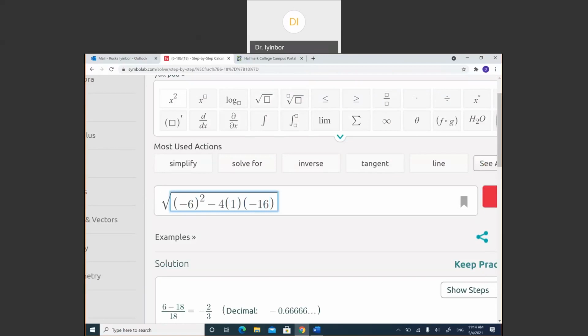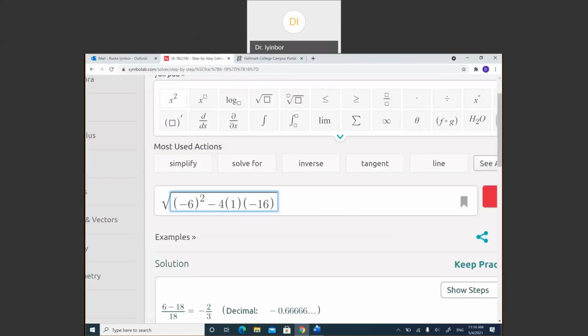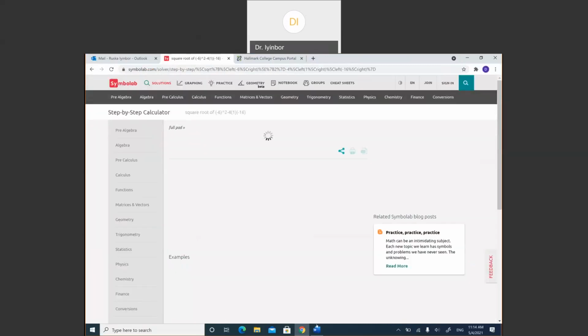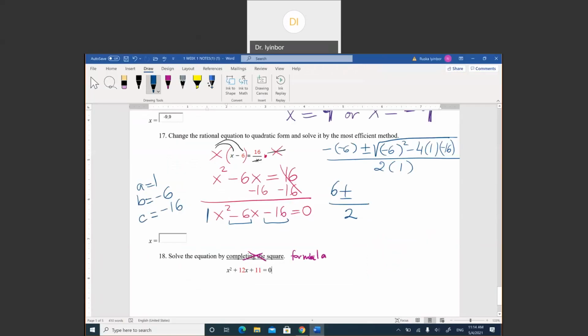And that's what you have here, right? -16, okay? And then the square root is going to give us 10. So everything in the square root is 10. And then from here, you're going to split. You're going to do plus, you're going to do minus. So you have to do 6 plus 10 over 2. And 6 minus 10 over 2.